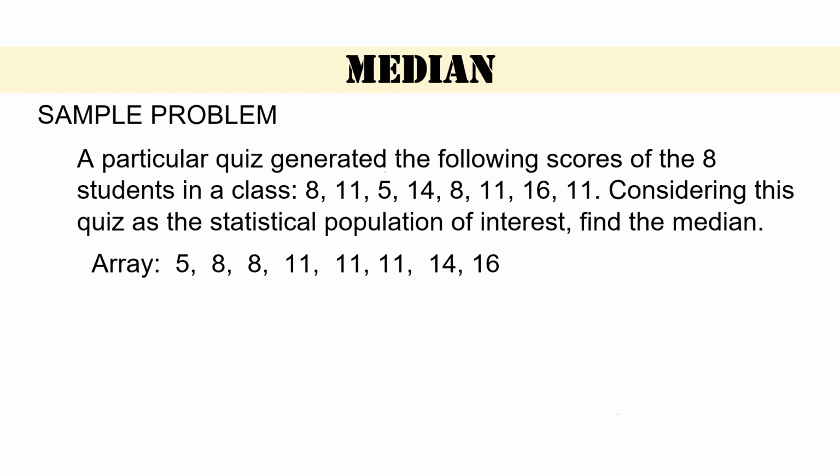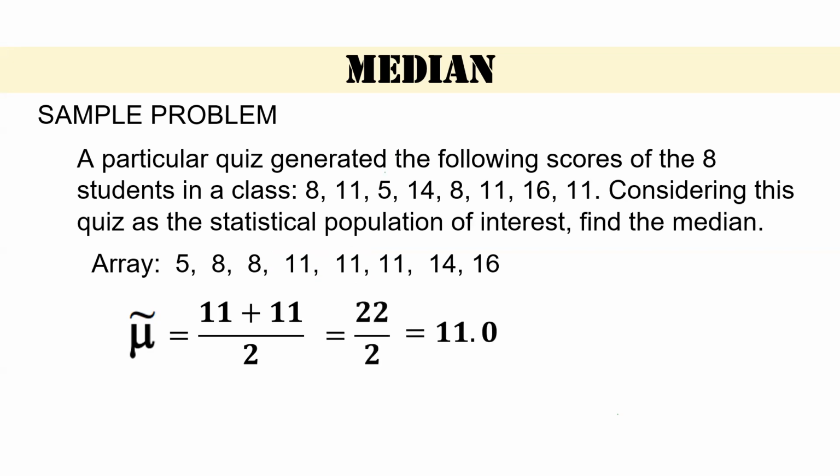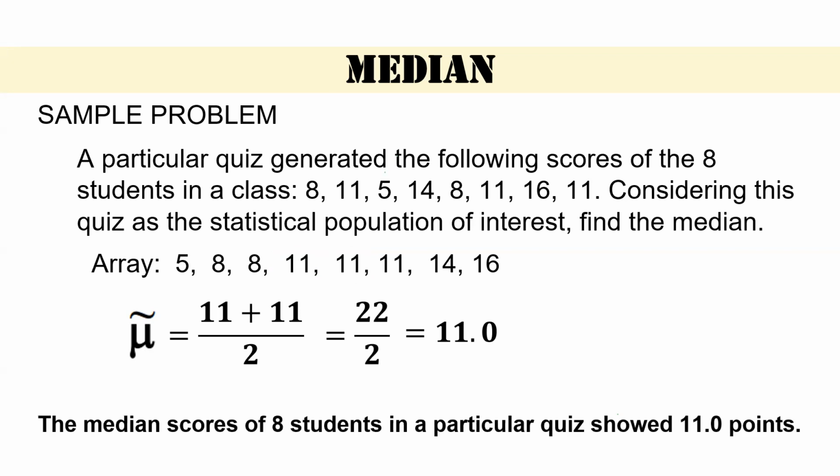What are the 2 middle numbers? 11 and 11, right? That's why to get the median, all you have to do is add them and divide by 2. So 11 plus 11 divided by 2, that's 22 over 2 or 11, which means that the median score of 8 students in a particular quiz is 11.0 points.